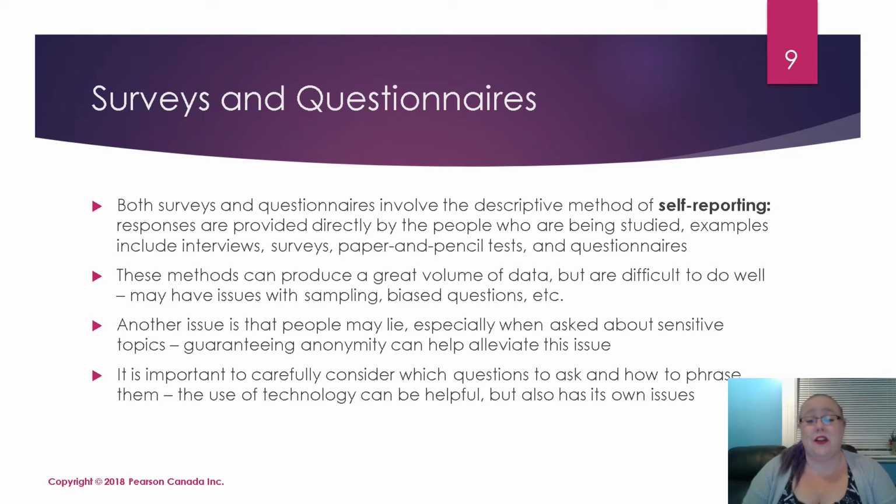It's also very important to carefully consider which questions to ask and how to phrase them. A really common technique used in creating surveys is known as counterbalancing. You ask one question in a positive light, and then you ask one question in the negative light. So you might ask a person to rate on a scale of 1 to 10 how much they enjoy this course.